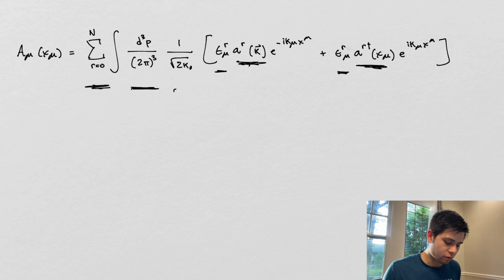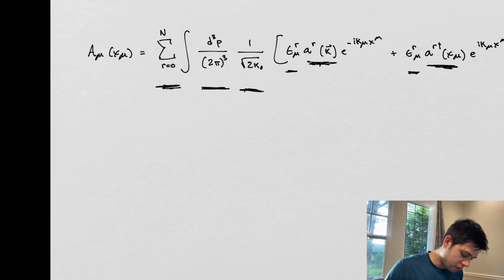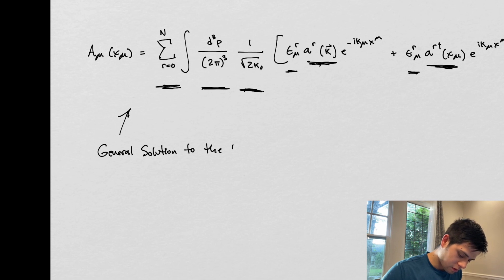And then we have this normalization factor. So this is the general solution. What I wrote up here was the general solution to the Proca equation.